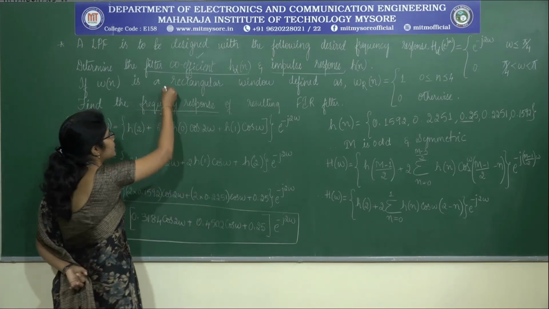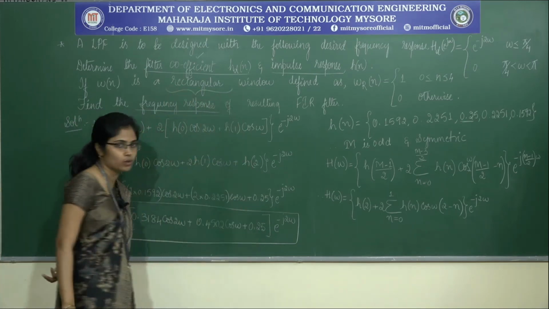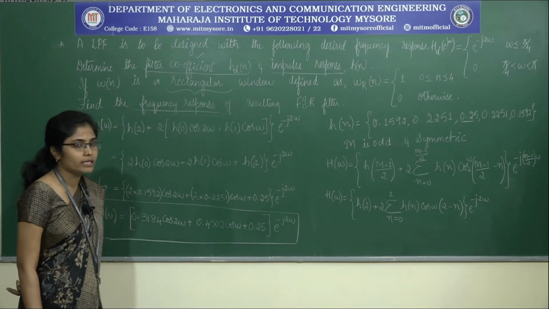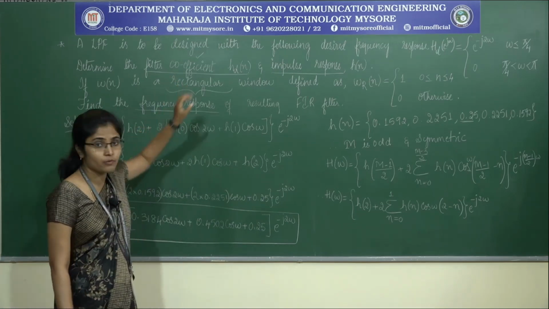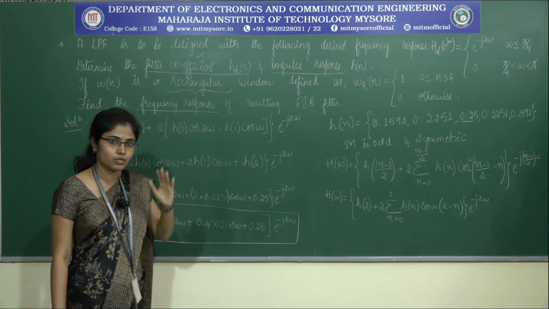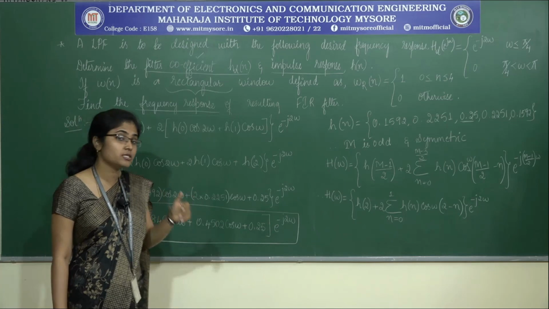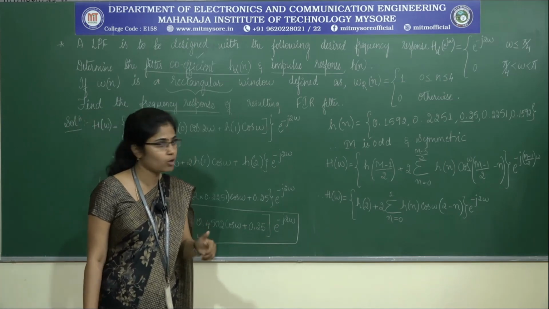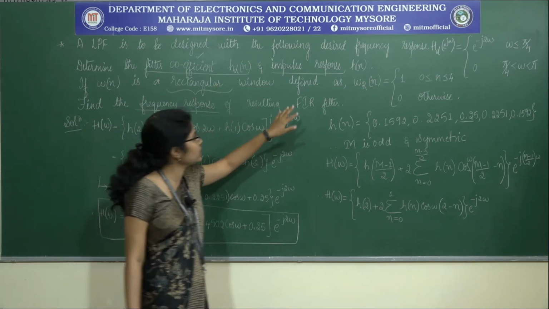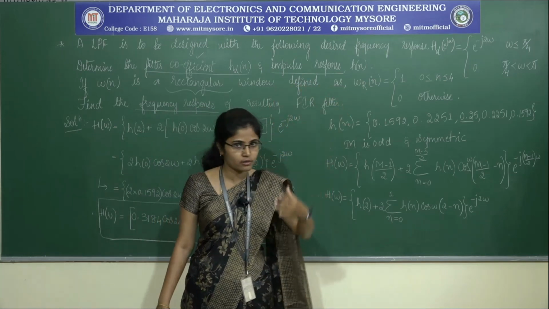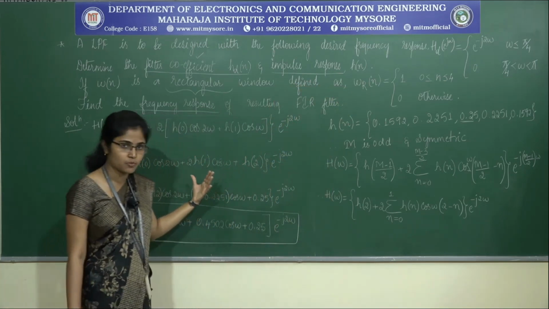In this problem, they are insisting us to use rectangular window. So first I need to find out HD of n. Whenever it is a problem related to designing of an FIR filter, they give the desired frequency response. The first step is to find out HD of n. Then we need to find out impulse response by drawing the table which I had shown few minutes before.